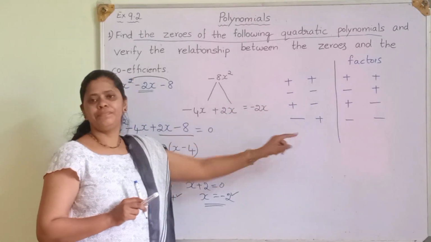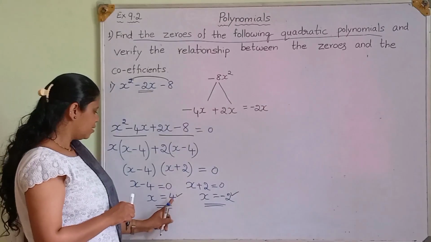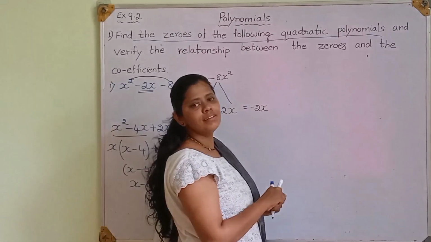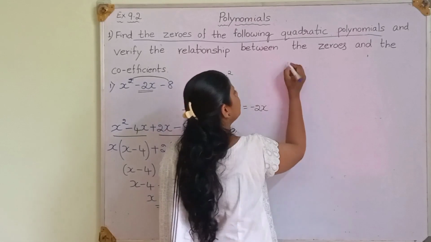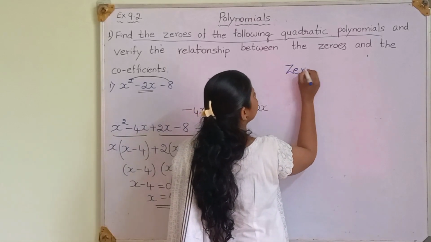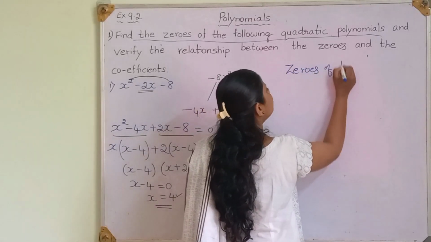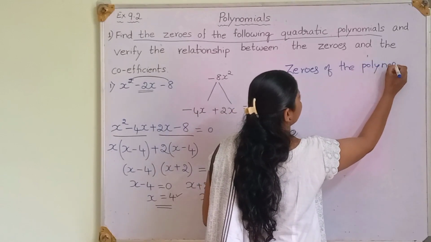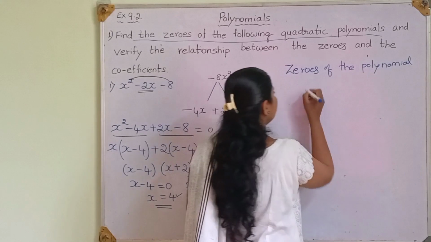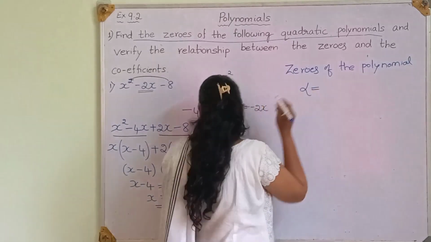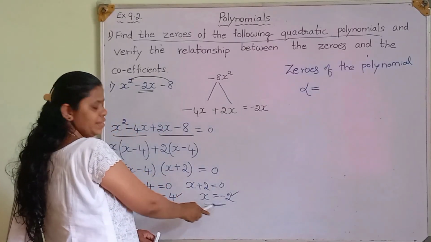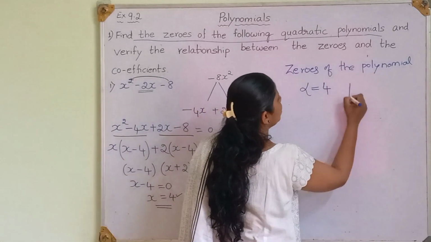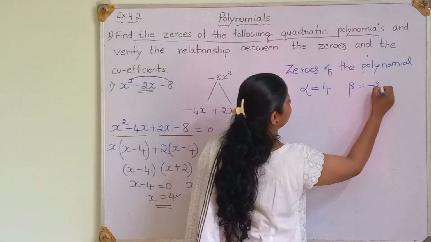That is, x is equal to 4, x is equal to minus 2, they are the zeros of the polynomial. So, we will write alpha is equal to 4, beta is equal to minus 2.